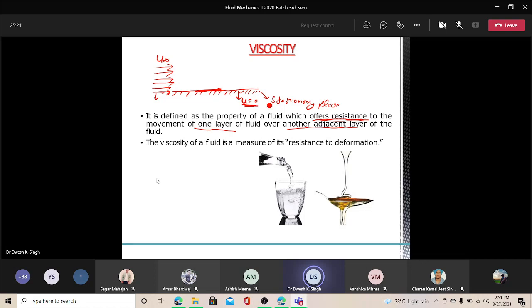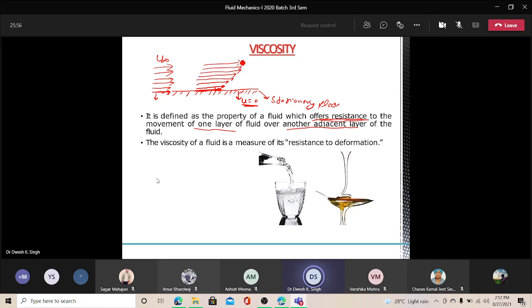And the fluid which is just above this will move slightly ahead, because there is a velocity difference between the two layers. Fluid always flows in layers basically, like a laminar flow, or in any flow. So this will move further ahead, this will move further ahead, like this.